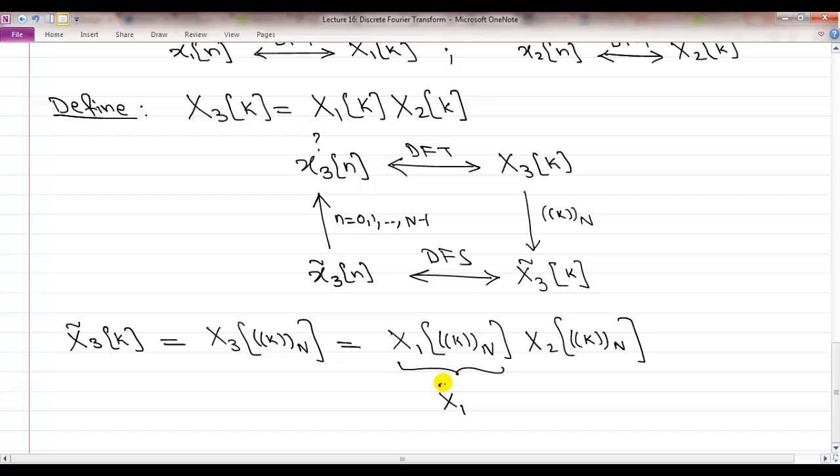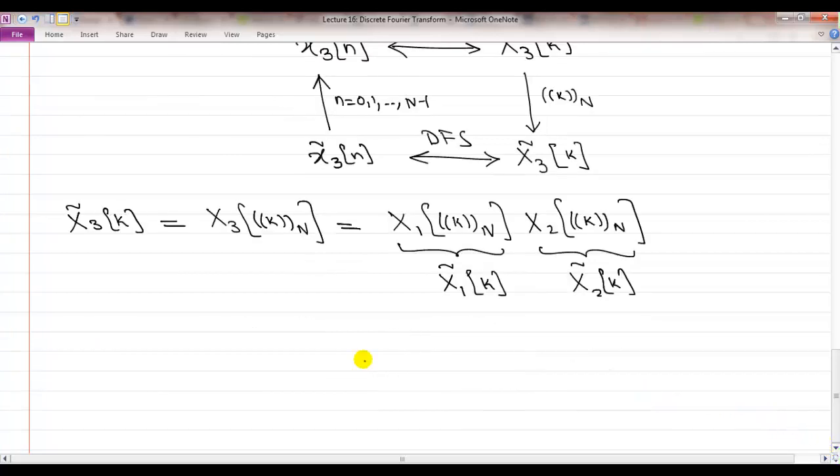So this is the discrete Fourier series x1 tilde of k, and this is the discrete Fourier series x2 tilde of k. So we are interested in finding the periodic sequence x3 tilde of n that corresponds to the multiplication of x1 tilde of k and x2 tilde of k.